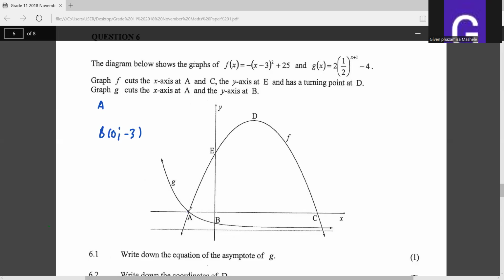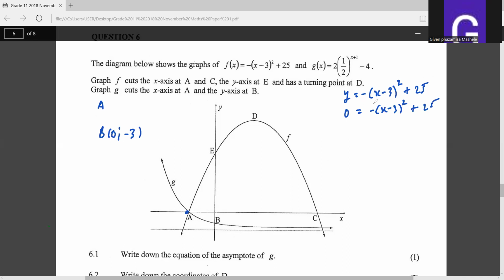To know the coordinate of A, note that A is the x-intercept of either G or F, so we can use any. Let's take F. F is y equals minus into x minus 3 squared plus 25. Remember, for the x-intercept we let y be 0. So we have 0 equals negative into x minus 3 squared plus 25.